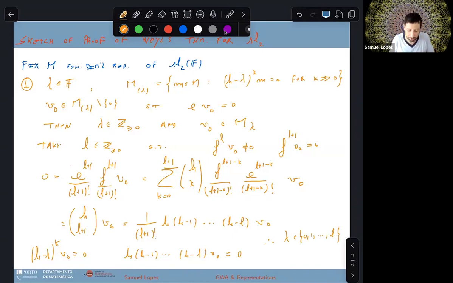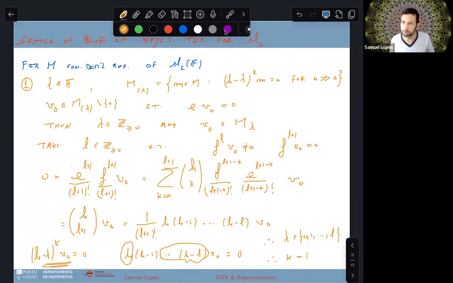Okay, but this also forces more. So for example, imagine that lambda is equal to 1. Then these other terms appearing here are contributing nothing to killing V0. So this also means that the smallest such K is actually K equal to 1.